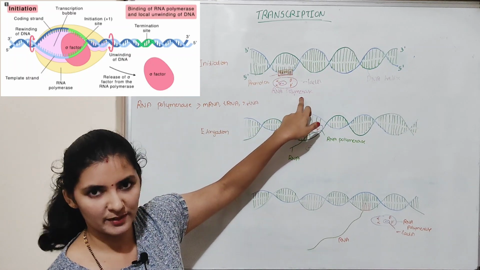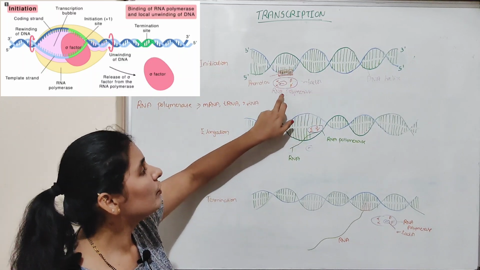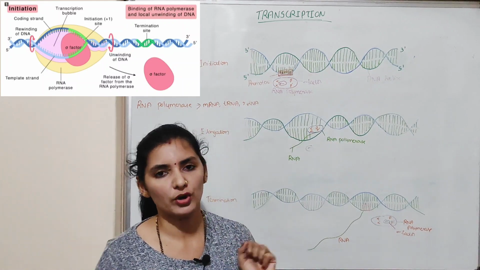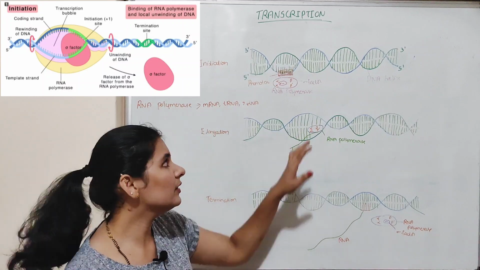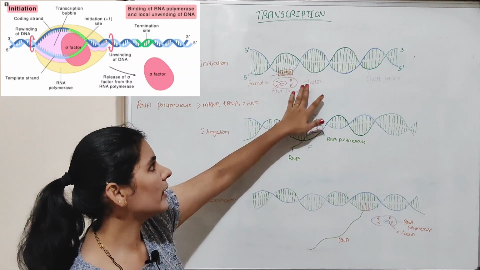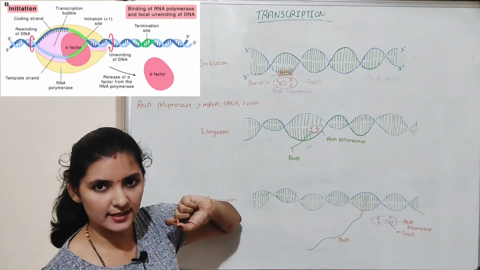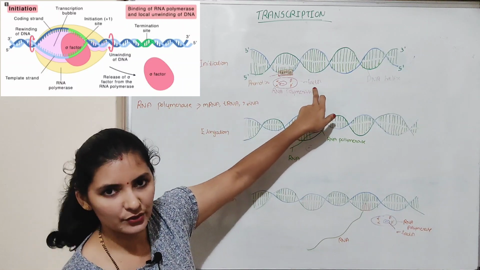This RNA polymerase enzyme, or holoenzyme, will stay attached to the promoter site until 8 or 9 bonds are formed, or until 8 or 9 ribonucleotides are added to the template strand. Once 8 or 9 bonds are formed, the sigma factor will be released.